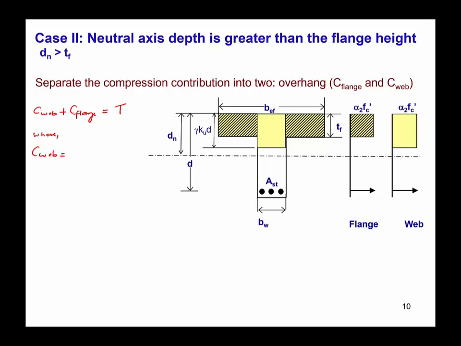Now C web is the volume of the stress block within the web itself, so that is this one. So we have to find the volume of this equivalent stress block within the web, that is alpha 2 fc dash, and again the depth of this one is gamma ku d, and we have to multiply with the width of the web, that is bw.